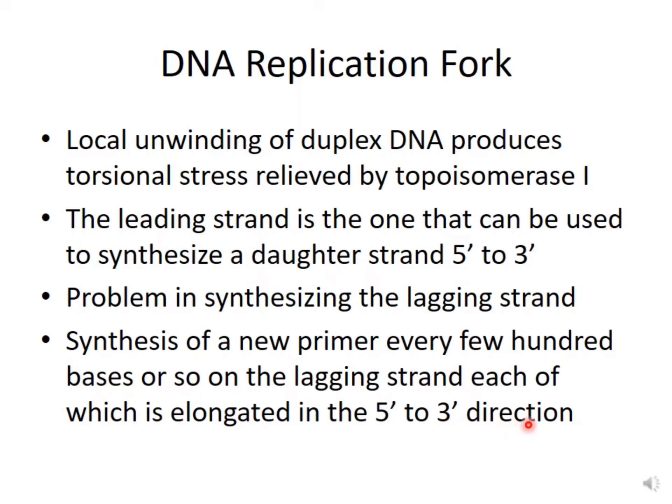So the solution is not to have the DNA strand grow from the 3' to the 5' direction, because that is impossible for DNA polymerase to do. However, the answer is to add a new primer every few hundred bases, and from that primer the DNA polymerase is going to grow the daughter strand in the 5' to 3' direction.